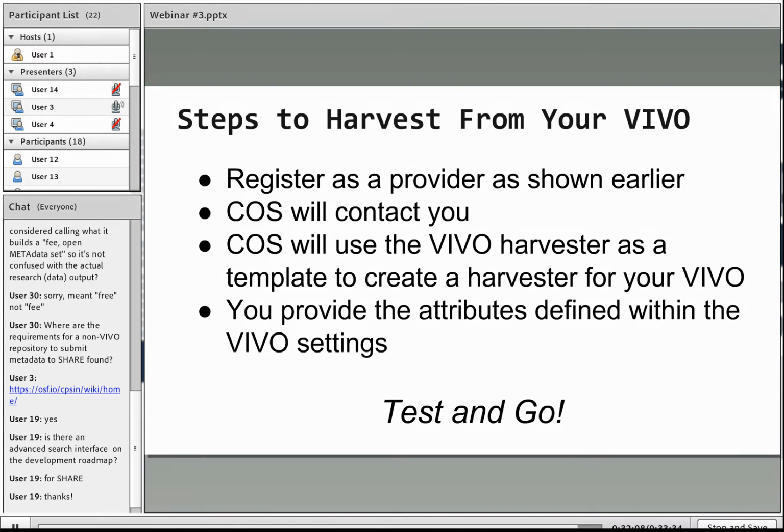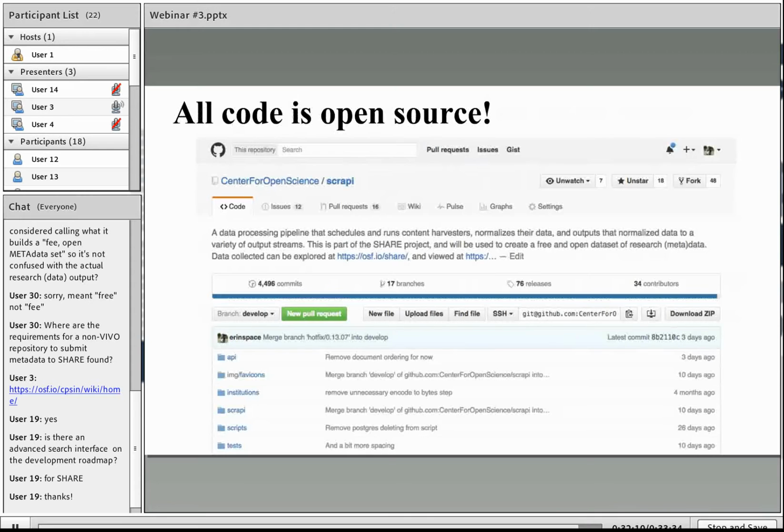Just one quick thing is that all of the code for Share is open source, and so if you're interested in contributing or taking a look at it, you can find it on GitHub at GitHub Center for Open Science /GrayPI, and it's an open source project. We've had a lot of contributors outside of Center for Open Science, which is great.